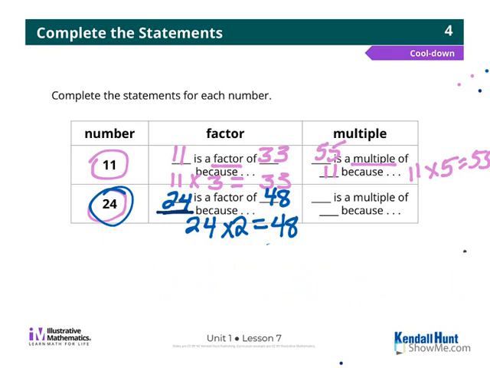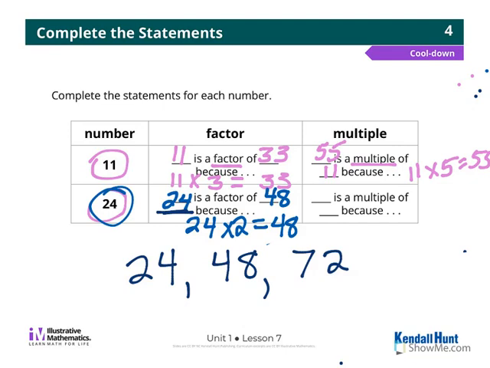So let's take a look at blank is a multiple of blank because. Well, if we're talking about multiples of 24, I would say 24, 48, 72, probably stop right there.